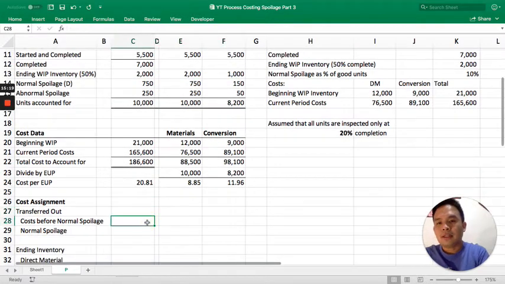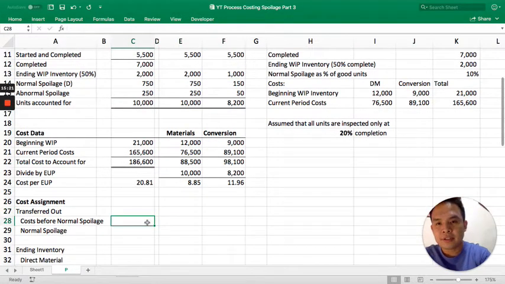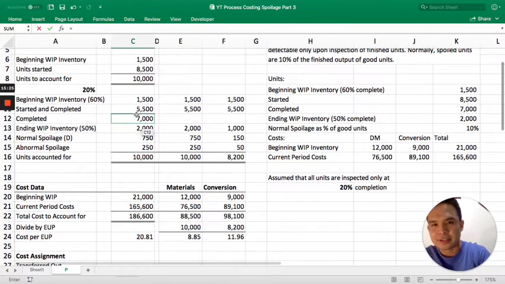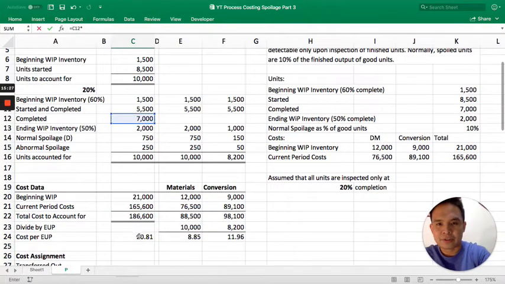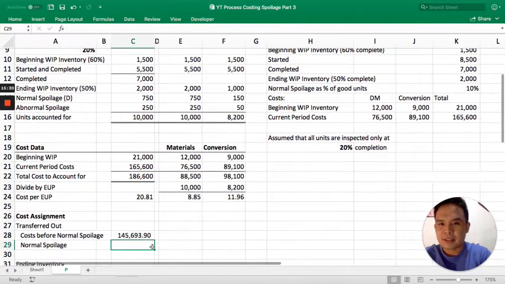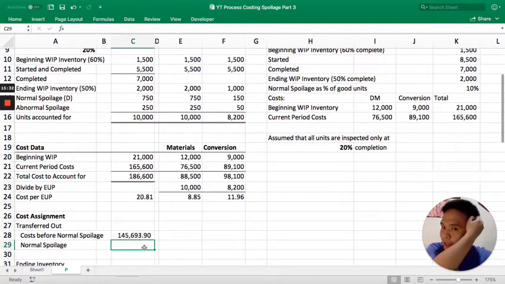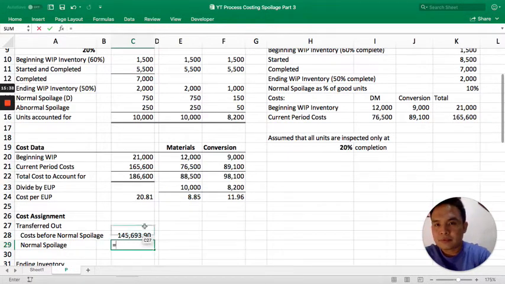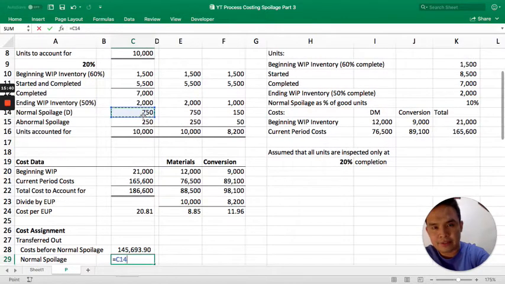So, let's do that. First the normal things. Transferred out muna without the spoilage. That's 7,000 units times 20.81 is 145. And then we add part of the normal spoilage. The normal spoilage, if you count, is 7.